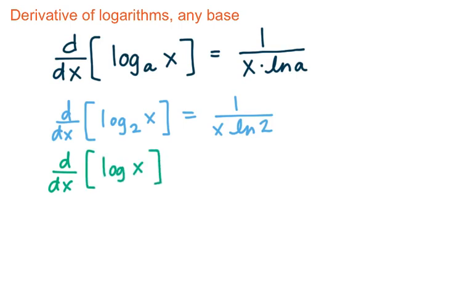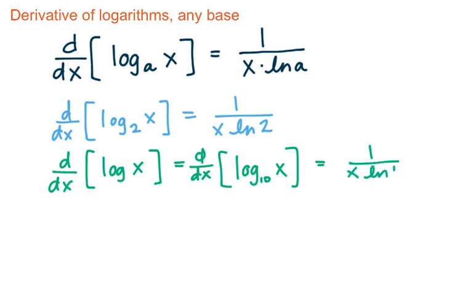In this case there's no base written, and when we have log with no base written, we know that's the common log, or base 10. So this is the same as d/dx of log base 10 of x. Using our property, that would be 1 over x times the natural log of 10.